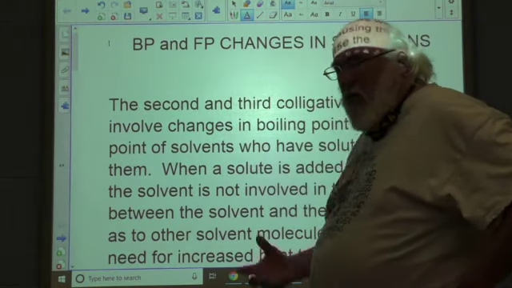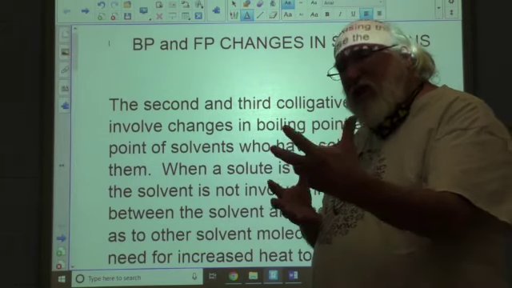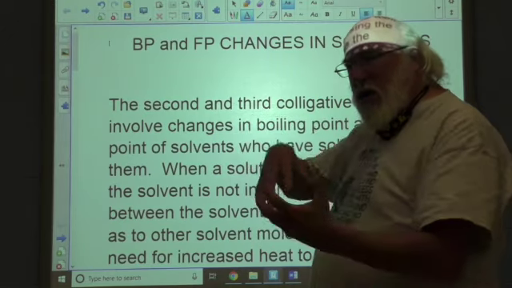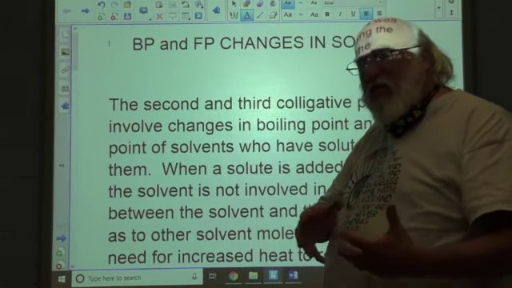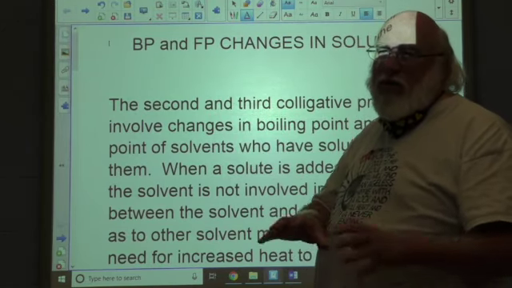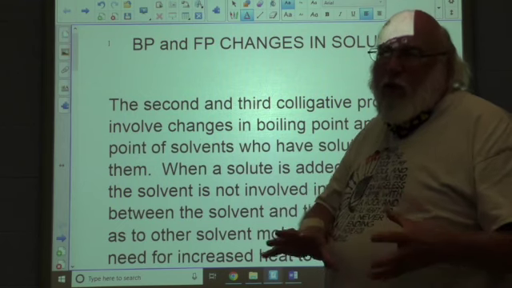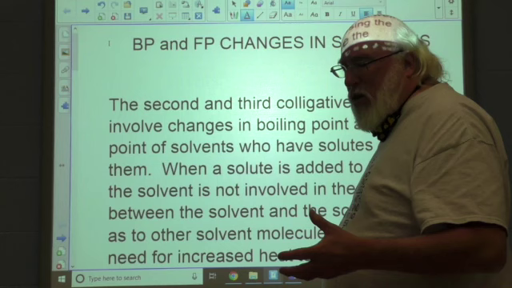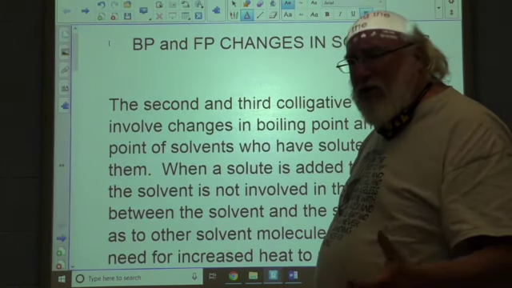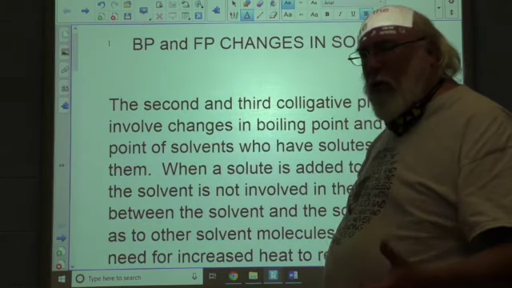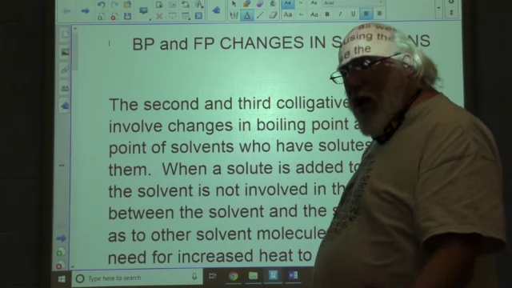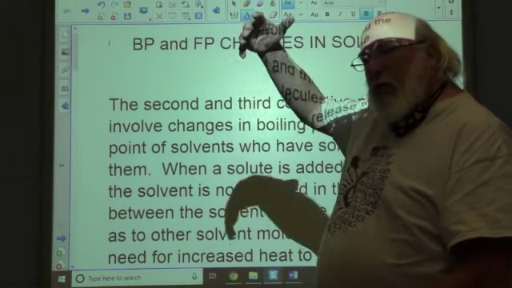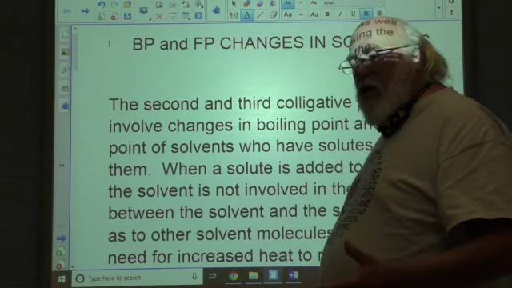Well, if it's attached to something else, it's going to take longer for it to adjust itself. And so as the temperature decreases, it's still not going to work until all those water molecules with their attached solute align themselves in the way that they need to. So the temperature will actually drop. So the freezing point drops while the boiling point increases when you add solute.